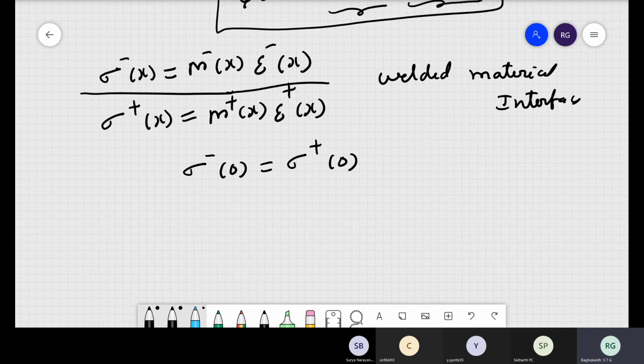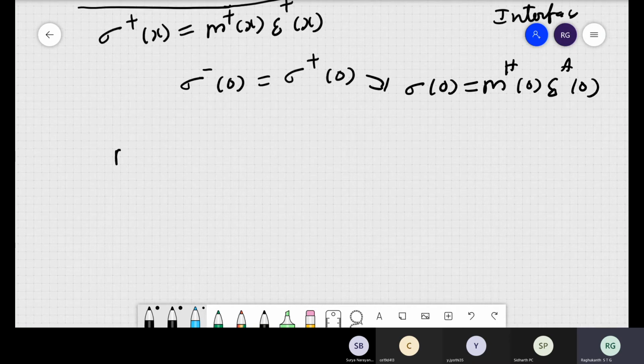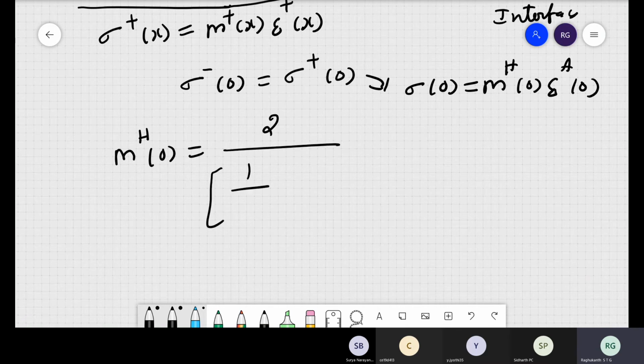So now to satisfy this condition, the only way is sigma of 0 should be the same as your harmonic average, and you have this epsilon a of 0. So this is 2 by, okay, the Young's modulus of this soil plus the Young's modulus of this rock actually.